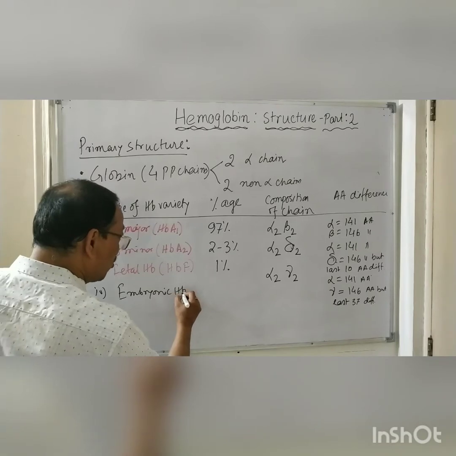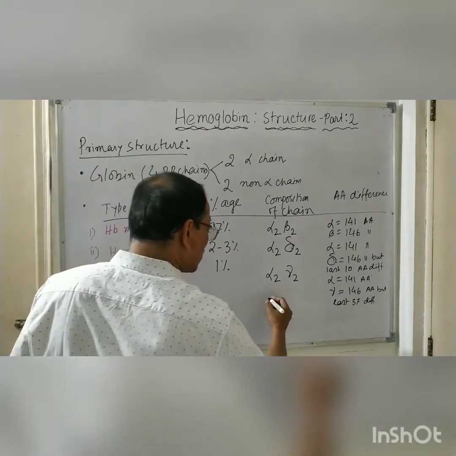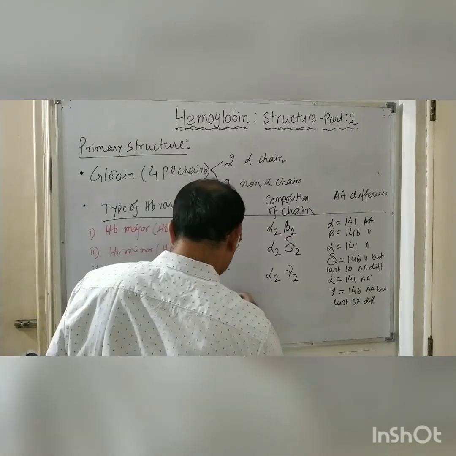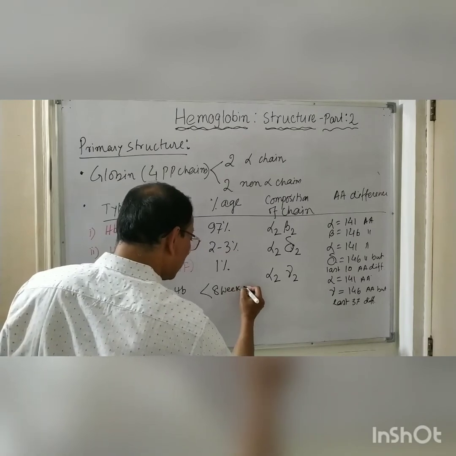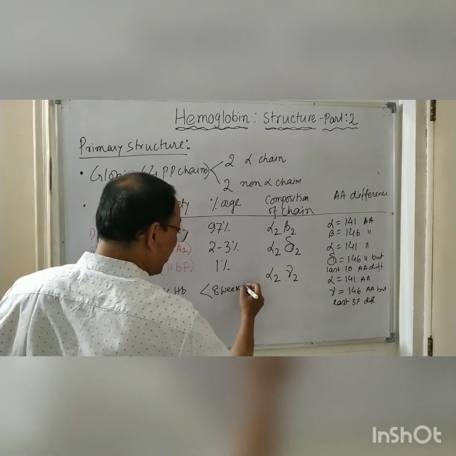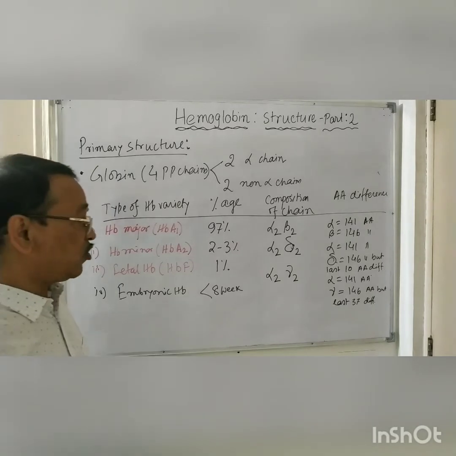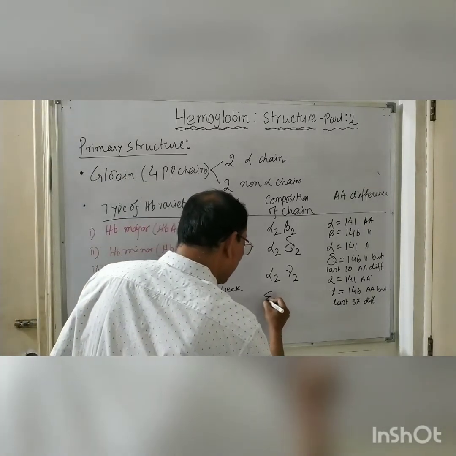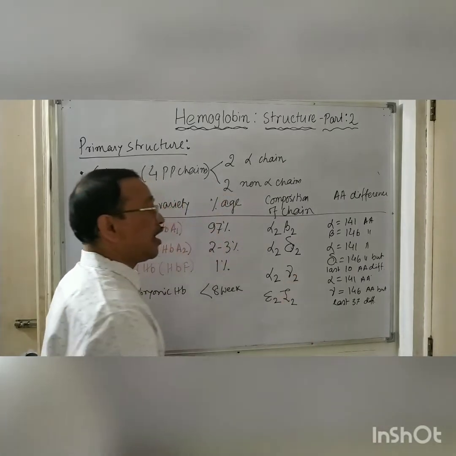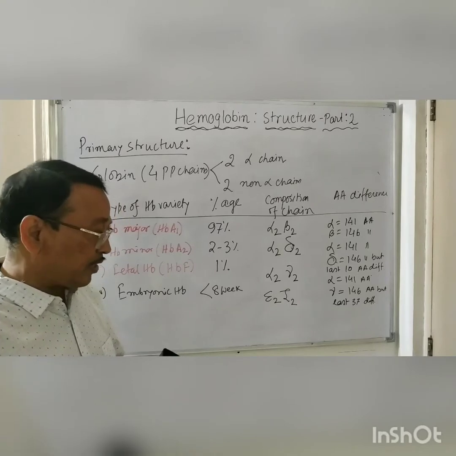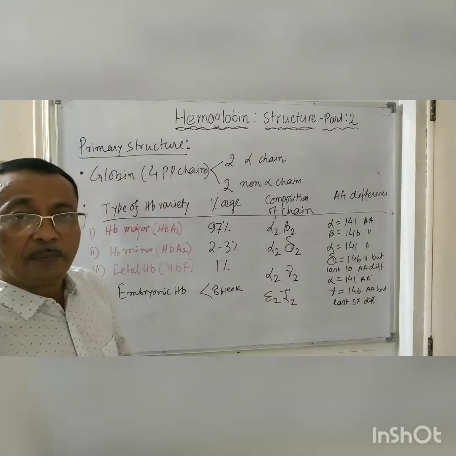This embryonic hemoglobin is generally present before 8 weeks of gestation, and it is comprised of epsilon 2 and zeta 2 polypeptide chains.